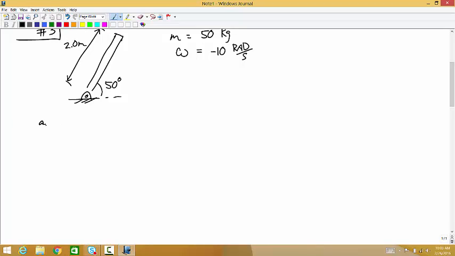So first, what's the angular acceleration? We know some stuff about forces. We're trying to figure out stuff about motion, so we know we have to go to Newton's second law. That means we need a free body diagram. So what forces act? Weight.